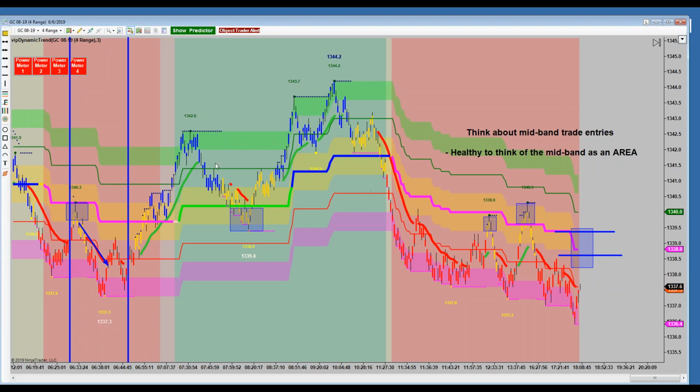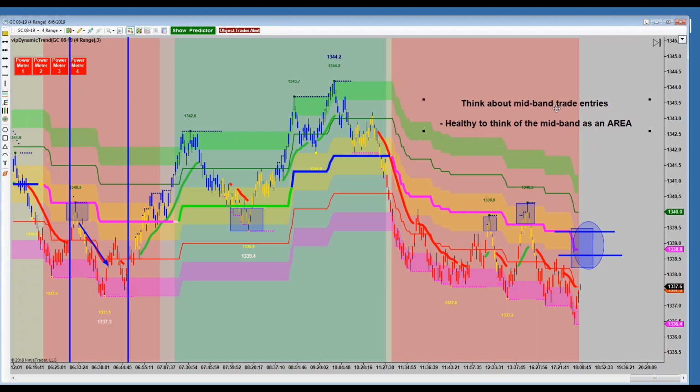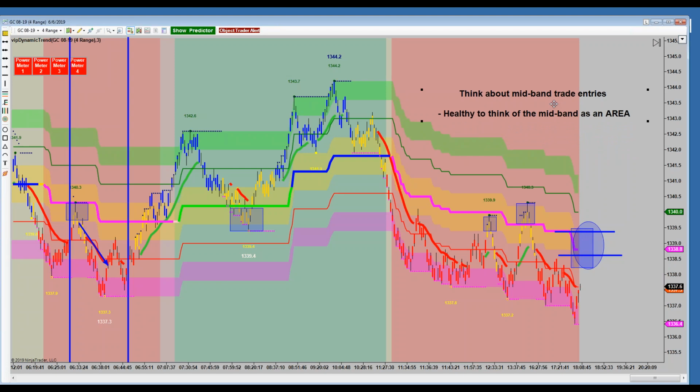But in actuality, just to be clear, we're talking about an area around the mid-band, because we don't know how far it's going to go. It could go up into here, could go to right here, could kiss the mid-band and roll, could come just under it. So what will help you in the future as you conceptualize how to see and take these trades is to realize that this is an actual area you're looking at.